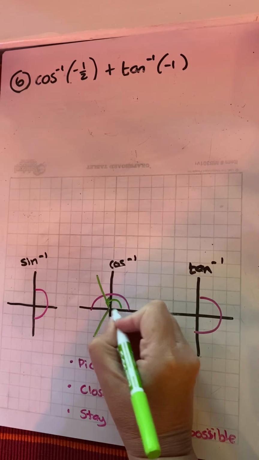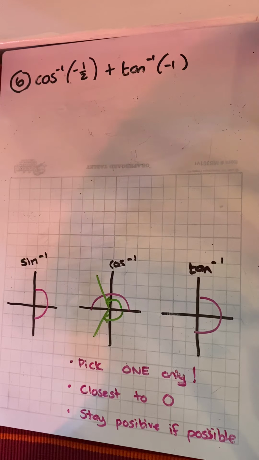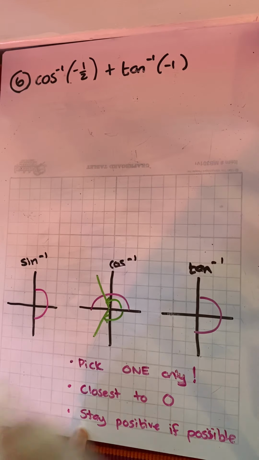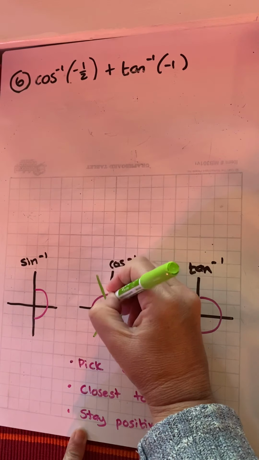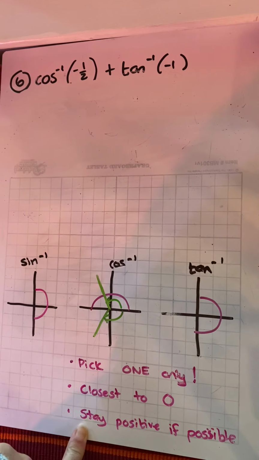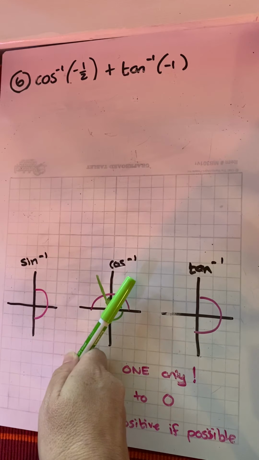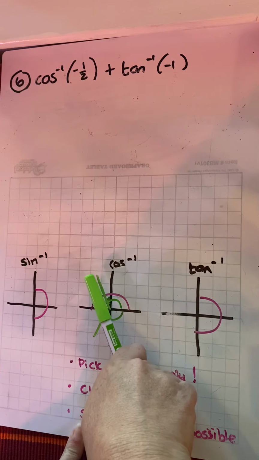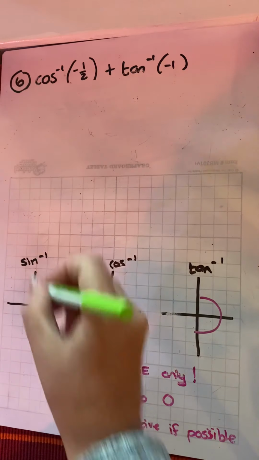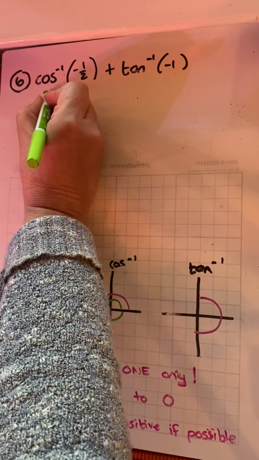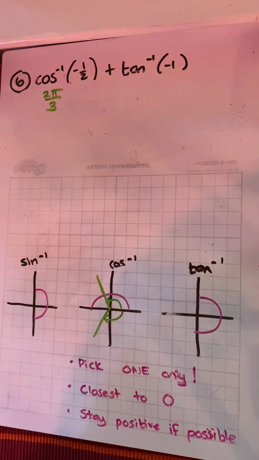One could argue that both of those are the same distance away from 0. But then the next rule says stay positive if possible. So you're going to pick this one right here. Anytime you're doing the inverse cosine, if it's positive, it would be in the first quadrant. If it's negative, it's going to be in the second quadrant. So in this case, that would be the value 2 pi over 3.